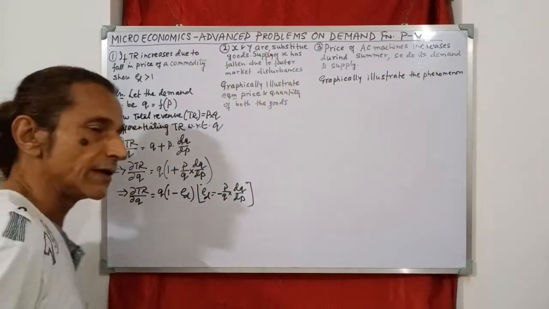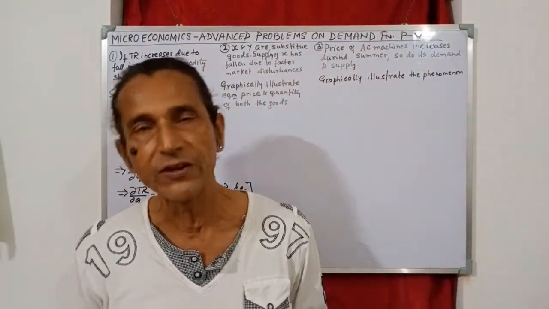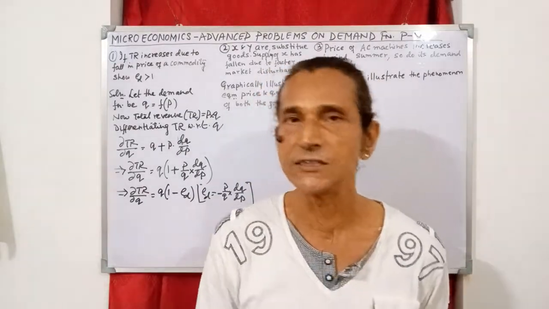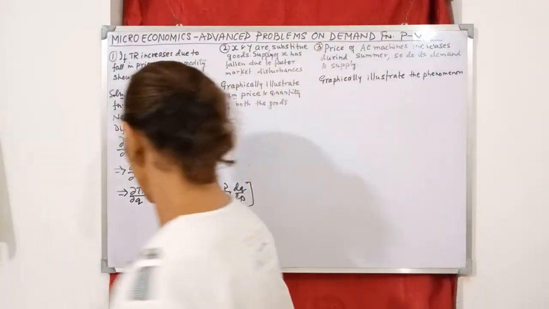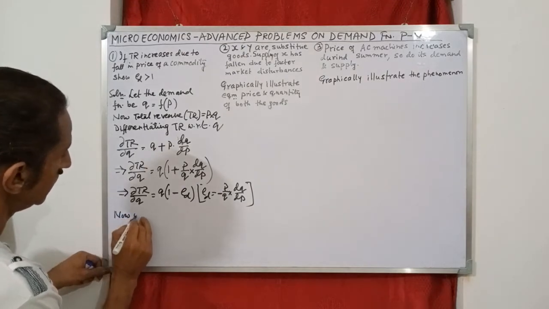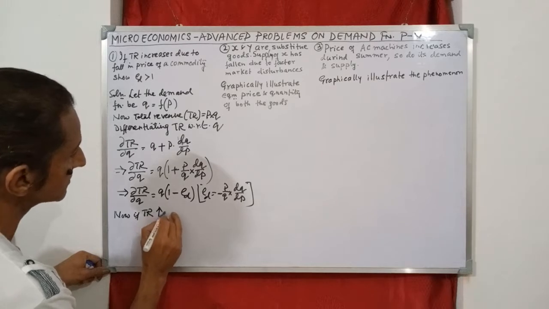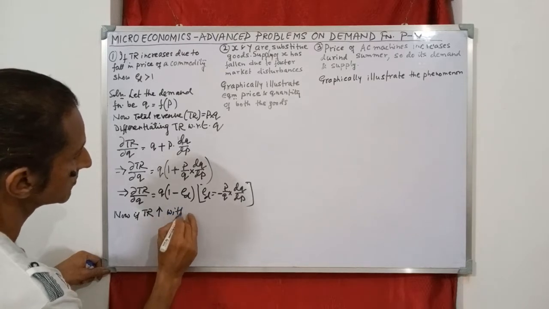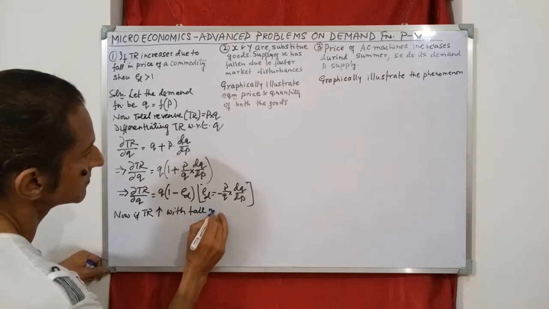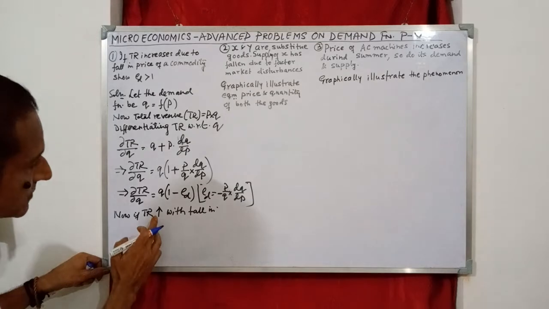Now, if as a result of falling price of a commodity, the total revenue increases, then del TR del Q must be less than 0. Now, if TR increases, upward arrow means increasing.